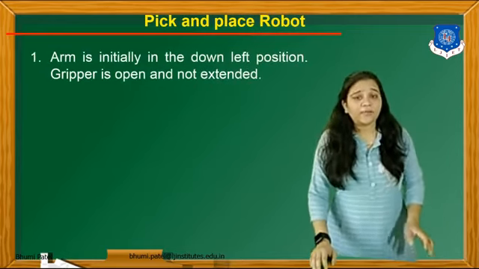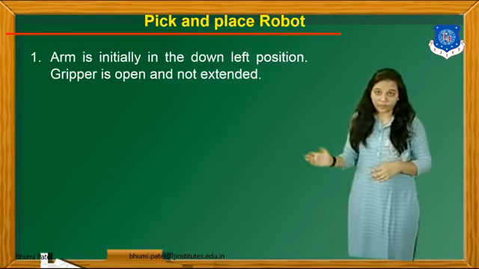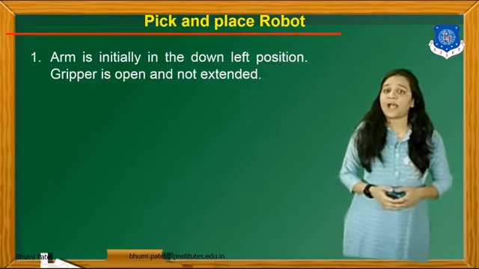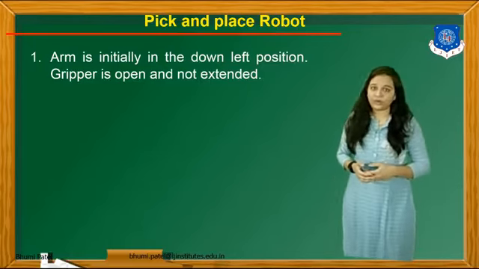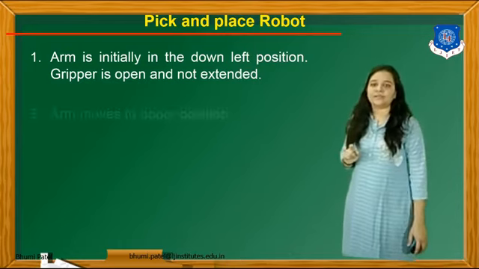There are different conditions given for this particular robot. The first condition is that the arm is initially in the down left position, the gripper is open and not extended.